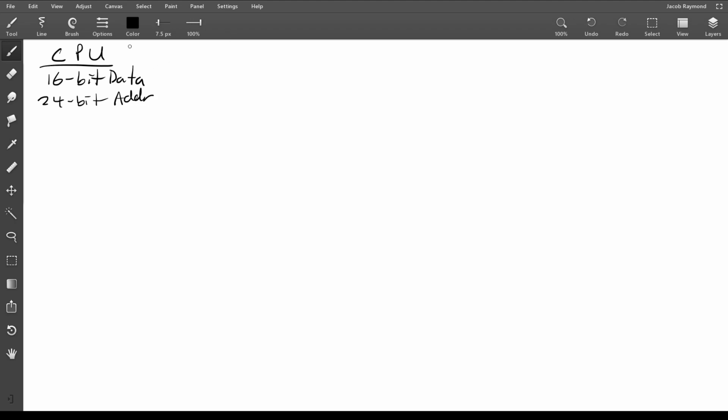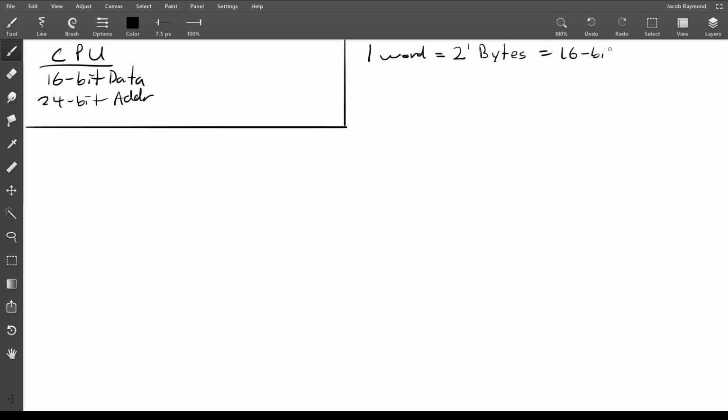If I was reading this problem, I would start jotting down some notes. So I'm assuming that what's up here in this corner is just the problem statement, and then everything else is going to be my own notes or thoughts as I'm going. So 16-bit data tells me immediately that one word is 2 bytes, or 2 to the power of 1 bytes, which is equal to 16 bits.